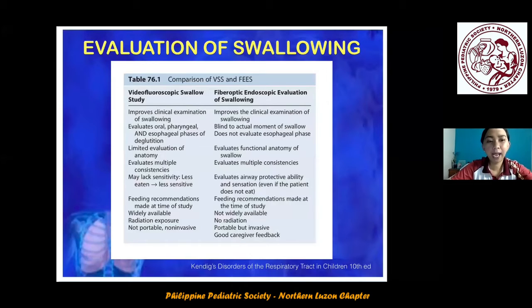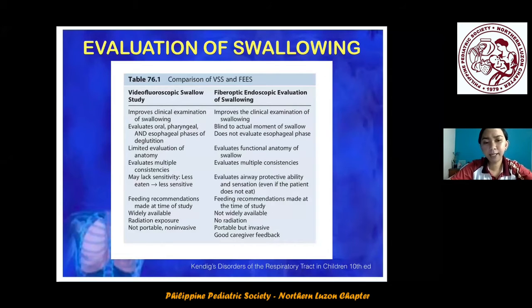So it has the ability to directly evaluate the oral, the pharyngeal, and the esophageal phases of swallowing, which we discussed earlier. So aspiration and penetration of food materials caused by premature spillage, delayed initiation of swallow, pooling of secretions, or aspiration of reflux material can be seen.